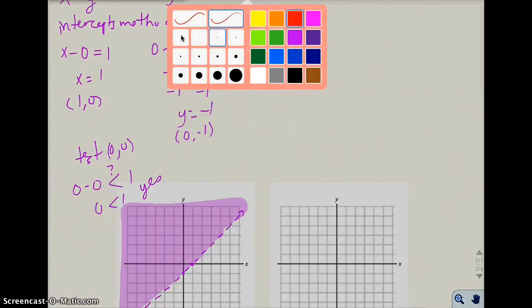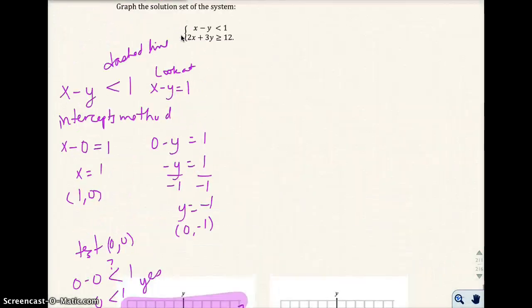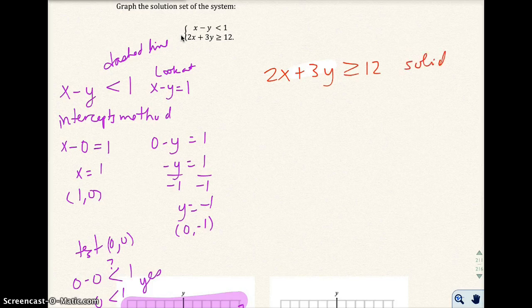So here I have 2x plus 3y greater than or equal to 12. I'm trying to hurry up and I'm messing up. It's going to be a solid line. So I'm going to do 2x plus 3y equals 12.